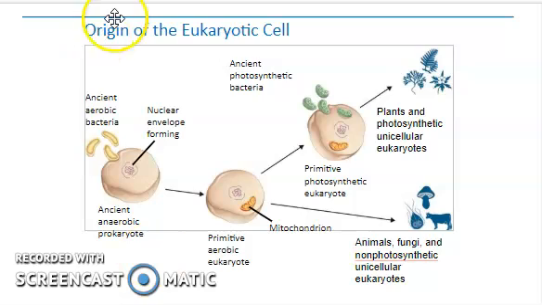So we look here, we have ancient aerobic bacteria and an ancient anaerobic prokaryote, okay, and they kind of bond together and start working together. And this could have created mitochondria. We could also have ancient photosynthetic bacteria that became primitive chloroplasts, right, which would have led to the plants.